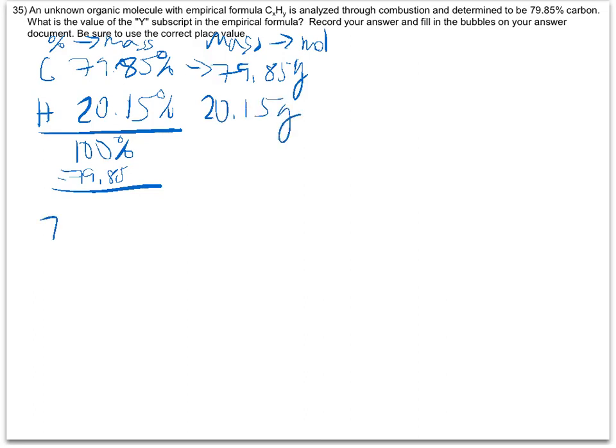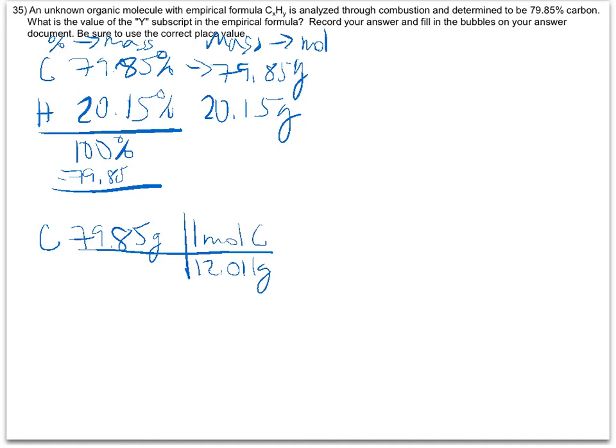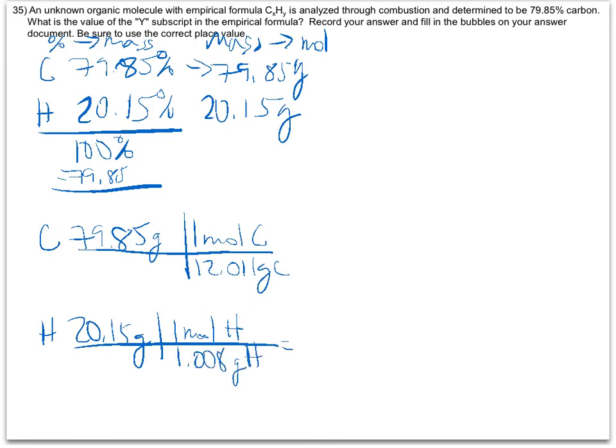So, drop down here. Carbon, we know, is 79.85 grams. Remember, to go into moles, we have to have grams on bottom, and we use the periodic table: 12.011 grams per 1 mole of carbon. And for hydrogen, we have 20.15 grams. For every mole of hydrogen, there's 1.008 grams of hydrogen.